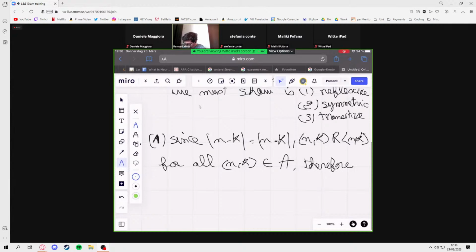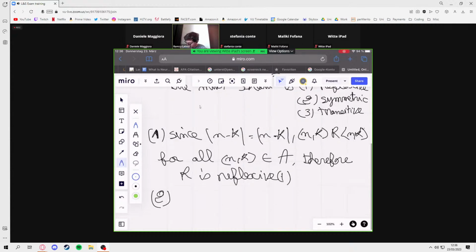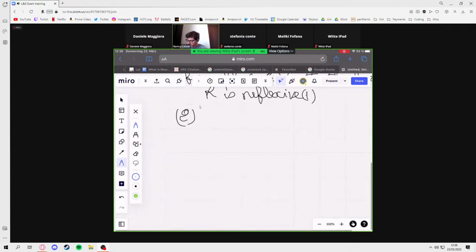Therefore, that's 1. Now 2, we have to show this is symmetric.